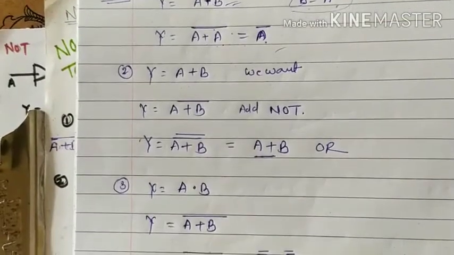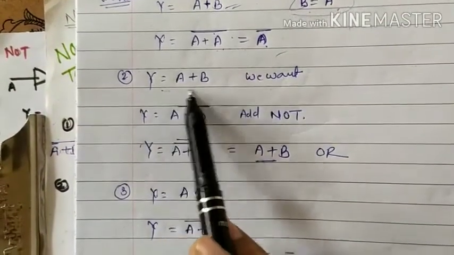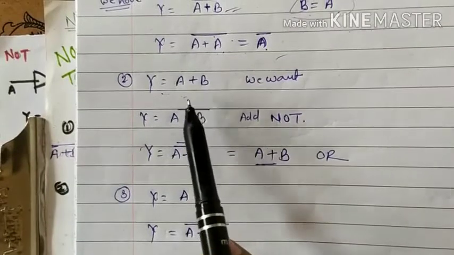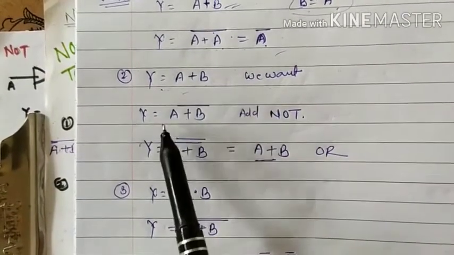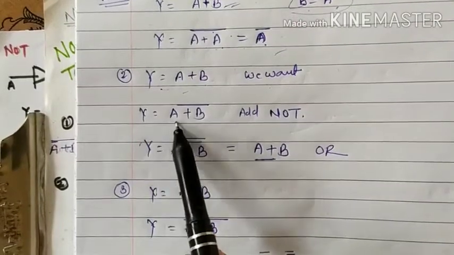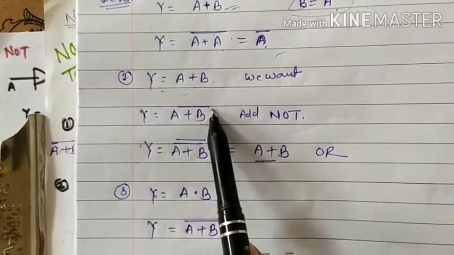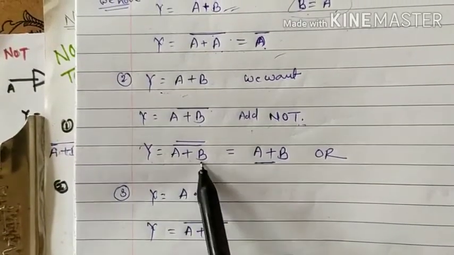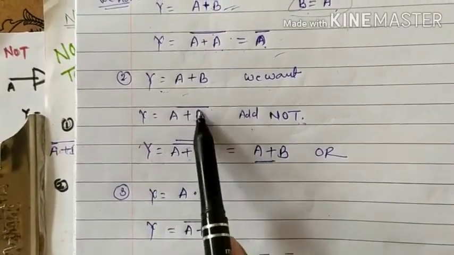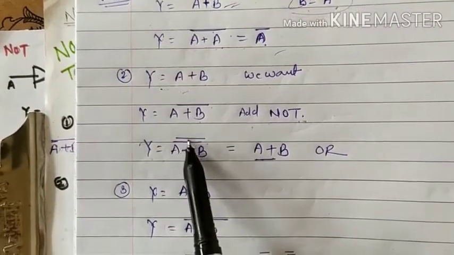The next one is, with the help of a NOR gate you have to get an OR gate. See here, y is equal to a plus b. It is an OR gate. We have the NOR gate, y is equal to (a plus b) bar. Add one NOT, it means y is equal to (a plus b) double bar. The first bar stays as it is, then add one more bar.